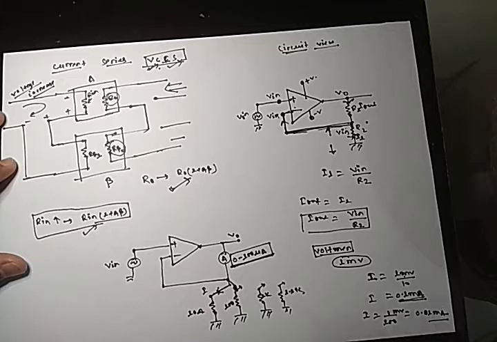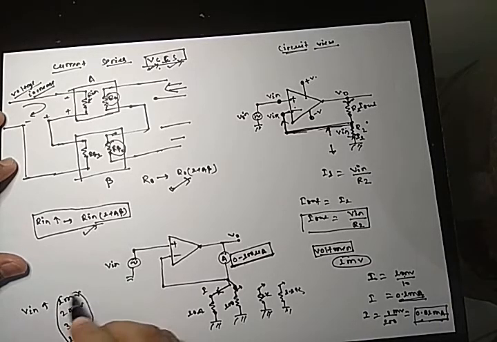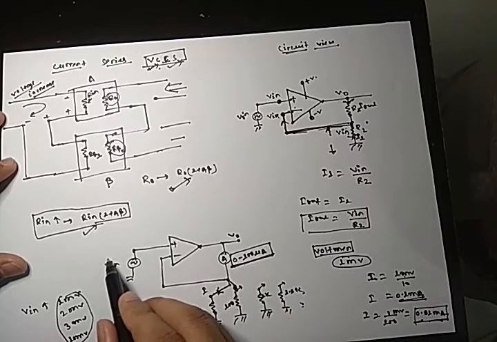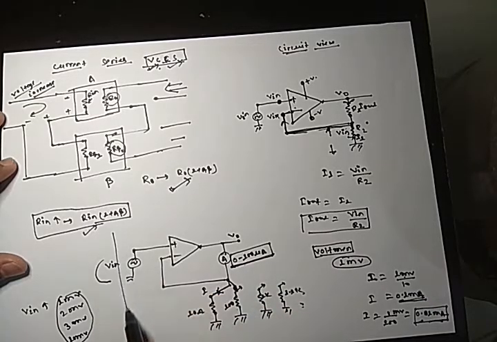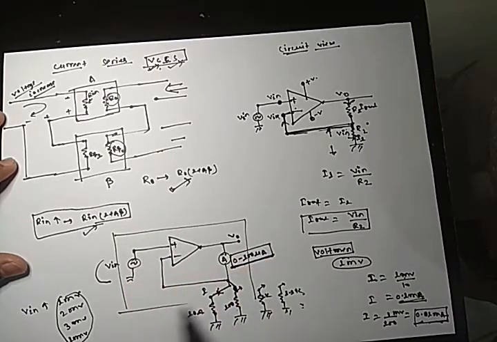Now this can read up to 0.01 milliampere. Now if we increase the voltage V1, 1 millivolt, 2 millivolt, 3 millivolt, up to 10 millivolt, and by changing this resistance accordingly, we could make this whole circuit an electronic voltmeter.